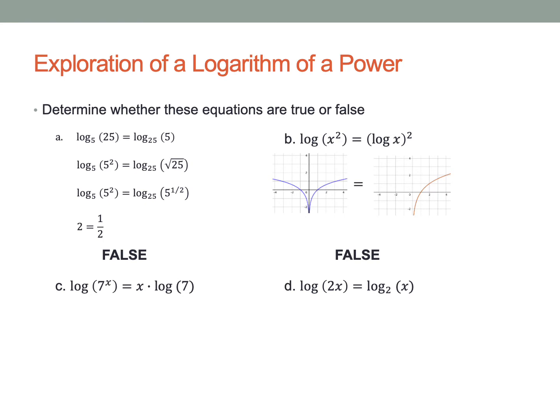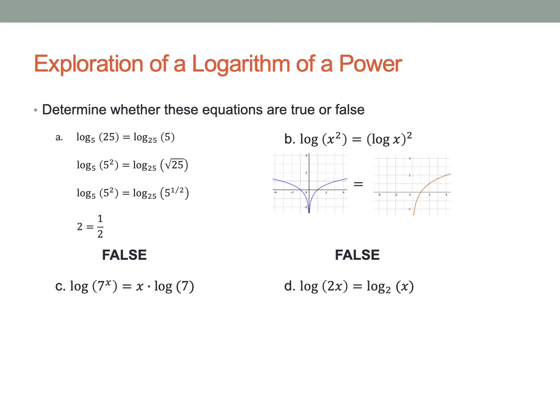Log base 5 of 25 is not the same thing as log base 25 of 5. And for B, you can't just square the whole log and think it's the same as log of x squared, right? So these are important properties.